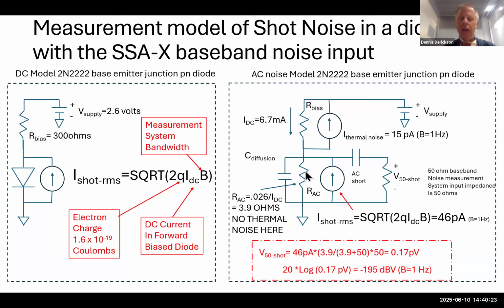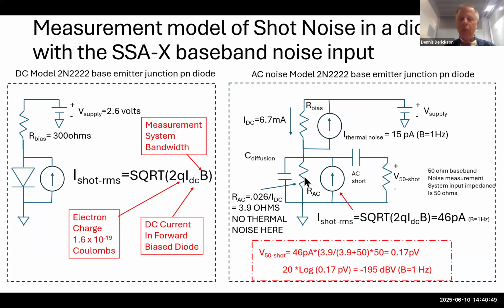When you forward bias a diode, it actually has an AC impedance. If I do a calculation based on diode theory, if I have 6.7 milliamps of current, the AC impedance of that diode would be 3.9 ohms. So this shot noise right here actually has a decision where to go. Does it want to go to the 3.9 ohm resistor or the 50 ohm resistor?